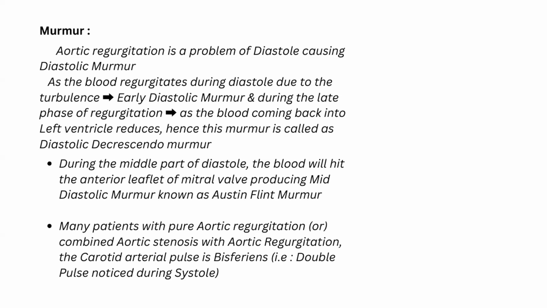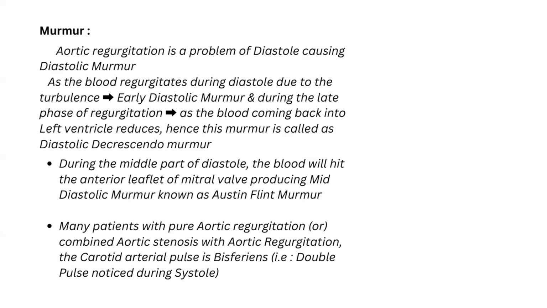During the late phase of this regurgitation, the blood coming back into the left ventricle reduces, so the intensity of the murmur goes on decreasing. Hence it is a diastolic decrescendo murmur, that is, a reducing intensity murmur.